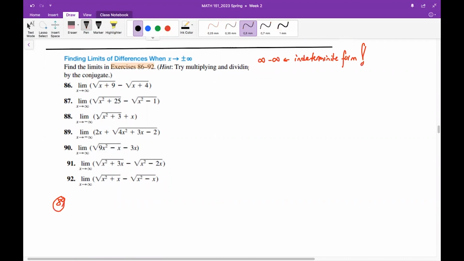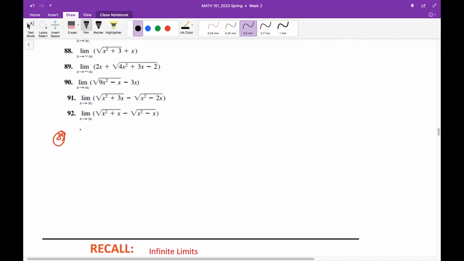Example 9, for example. So let's deal with that. Limit as x goes to minus infinity, 2x plus the square root of x squared plus 3x minus 2, okay? Let's try to understand the behavior of it. As x goes to minus infinity, 2x is minus infinity, obviously, and this part, just look at the dominating term for x squared, it gets plus infinity.